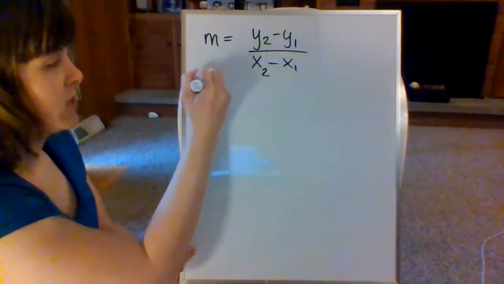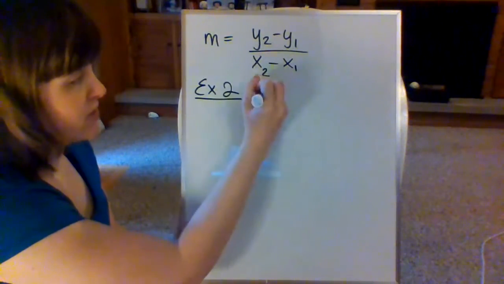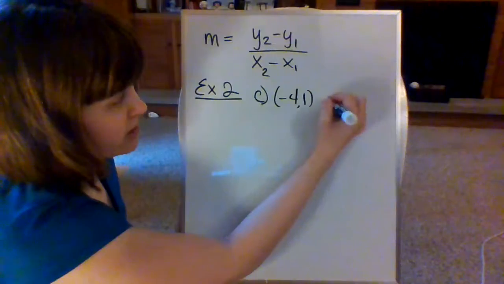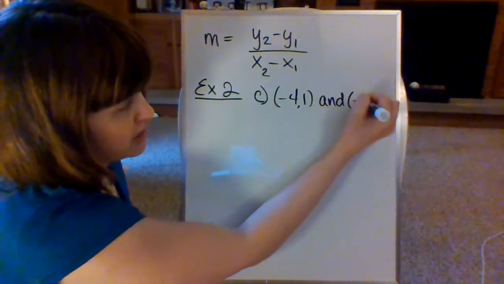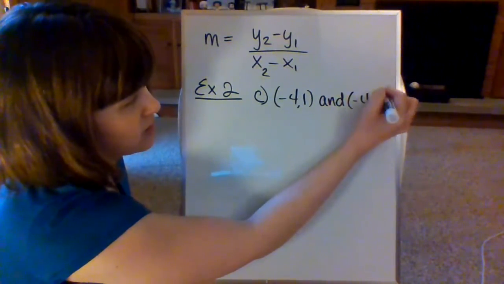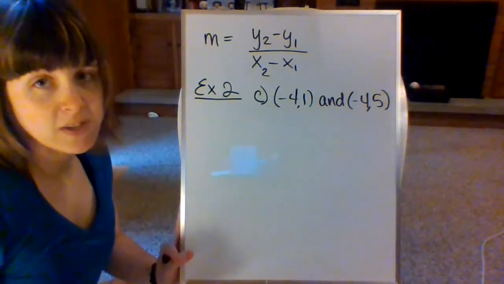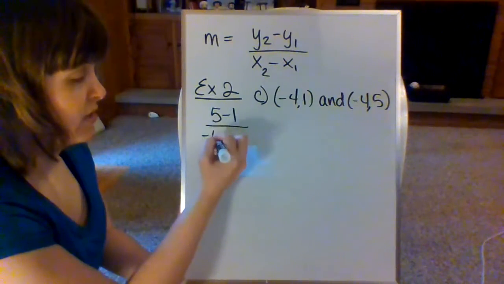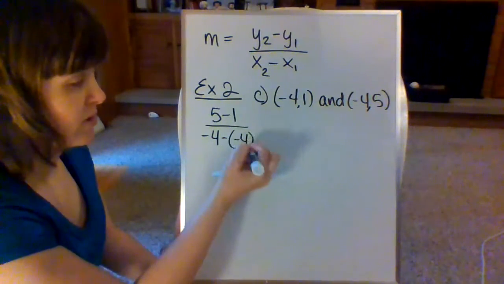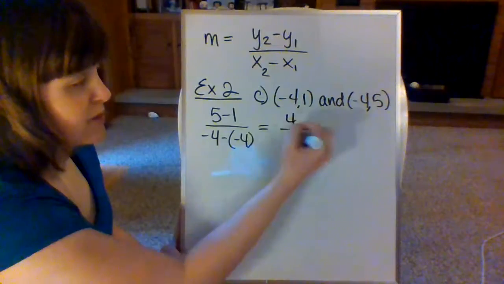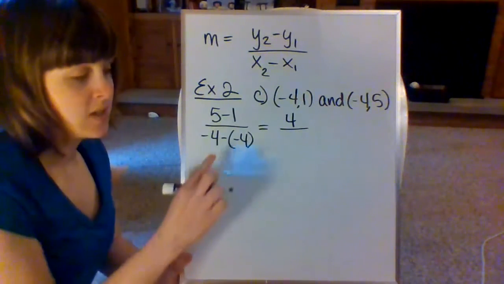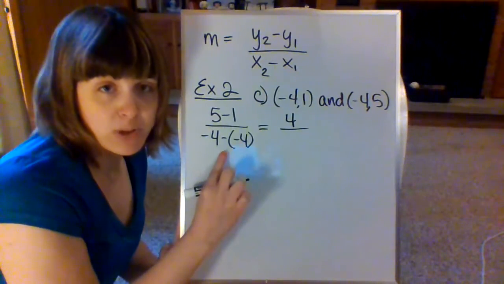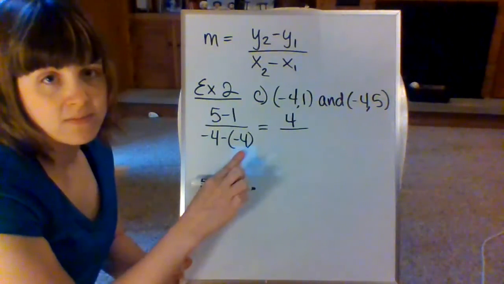Alright, so example 2, part C, says we have to find the slope between (-4, 1) and (-4, 5). So we're going to do 5 minus 1 over -4 minus -4. 5 minus 1 is 4, and -4 minus -4 is like -4 plus 4, which is 0.